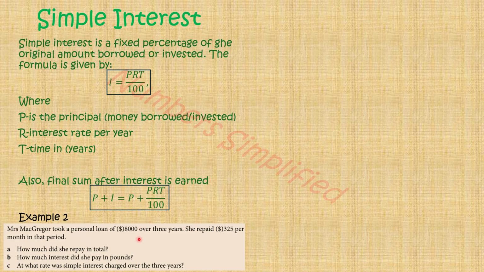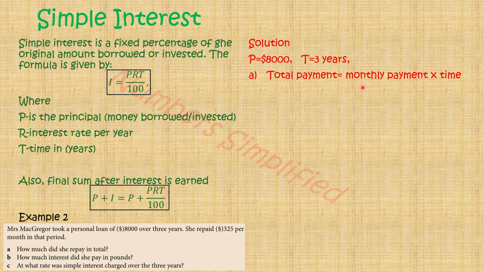I think this one will be easy because one, we know the principal amount is $8,000. The time taken is 3 years. So for A, the total payment will simply be the monthly payment times the time. Now, the monthly payment is $325 and the years is 3, but we know that the payments are being made monthly, so we would need to find the number of months in 3 years.